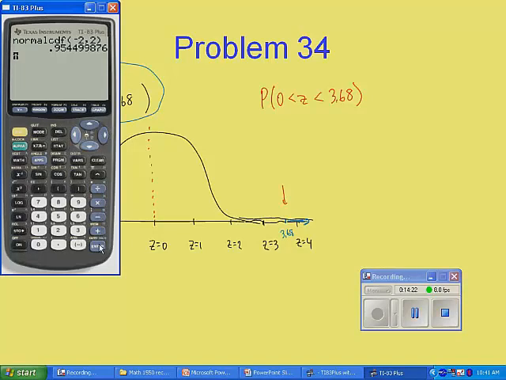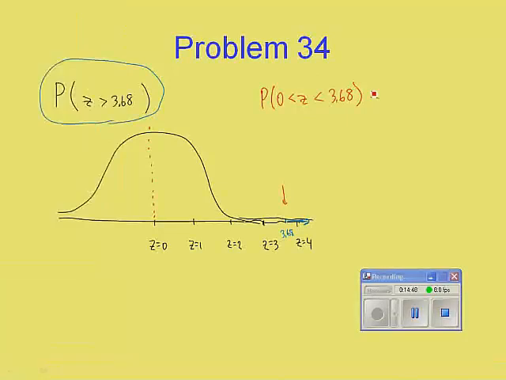I'll type in normal CDF again, so I'm going to hit second entry so it comes back. But I'm going to change these numbers to make it 0, comma, 3.68, close parentheses, enter. So the probability that z is between 0 and 3.68 is, what was it, 0.4998?